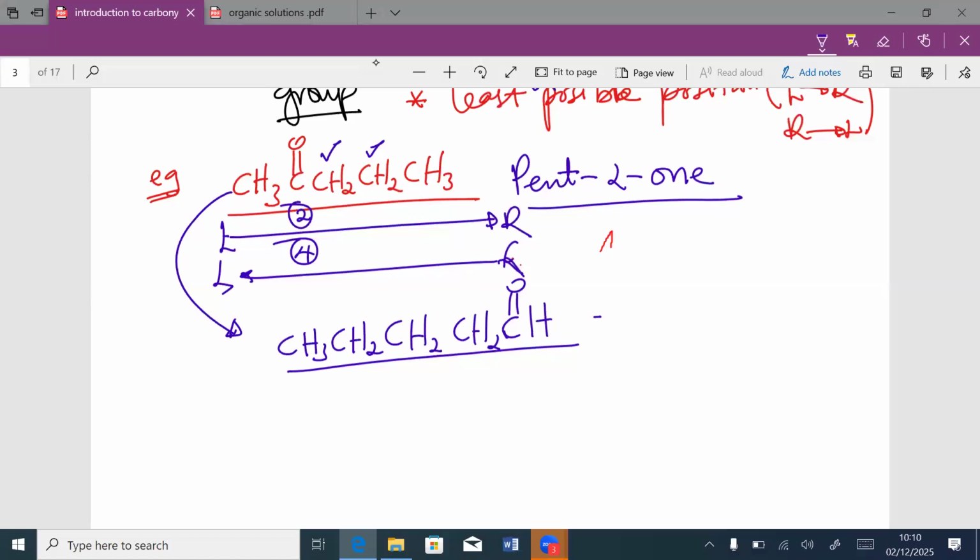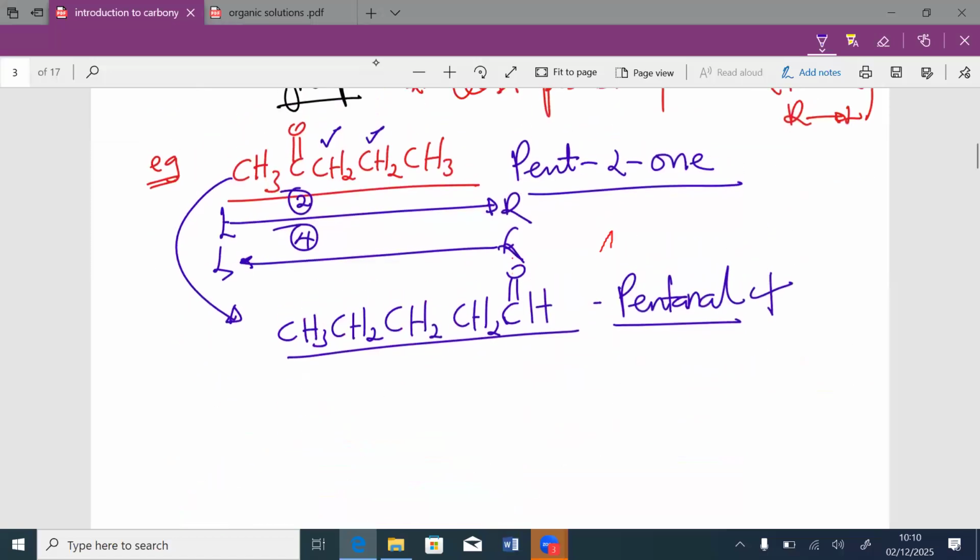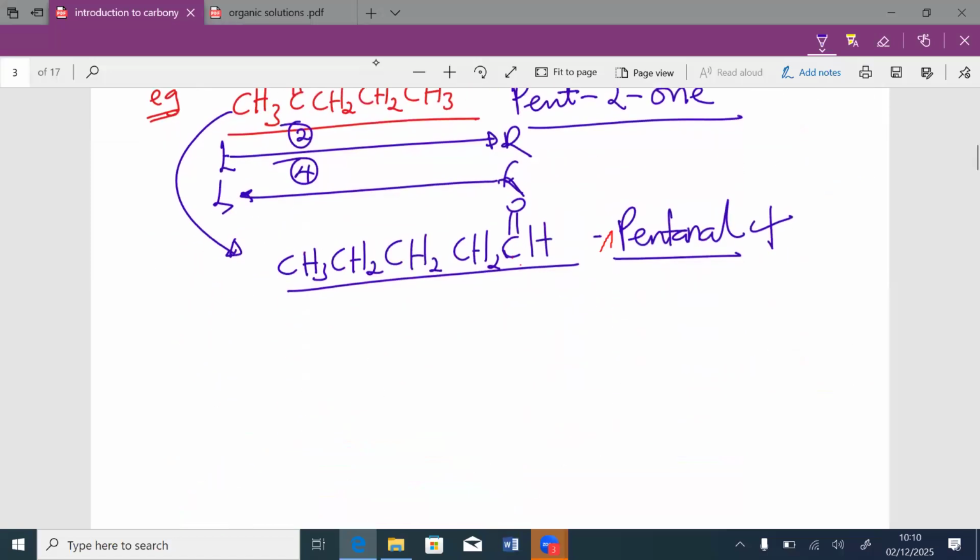So this one can just be called pentanal. That is the compound. So those are the 2 basic rules we can use for nomenclature of these organic compounds. Then obviously there are other compounds, for example, the other compounds that have special names. For example, look at this one here.